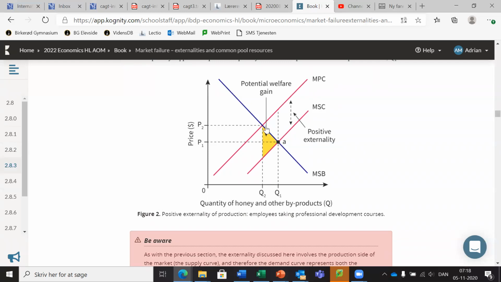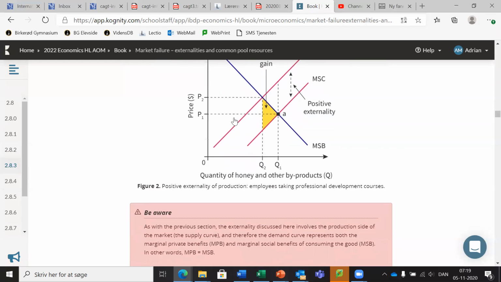So basically, it's in the interest of society for us to increase output between Q2 and Q1, because the social benefit is above the social cost for this level of production. So this area, this triangle here, is a potential welfare gain if we produce at the right level. So it's like we're underproducing here because we don't take into account the externality.